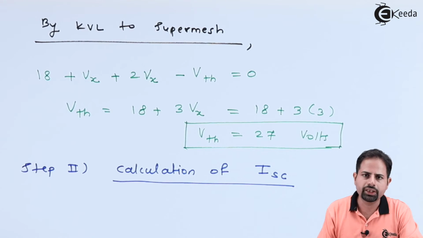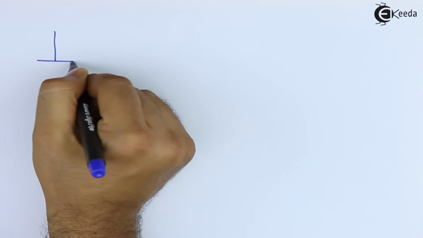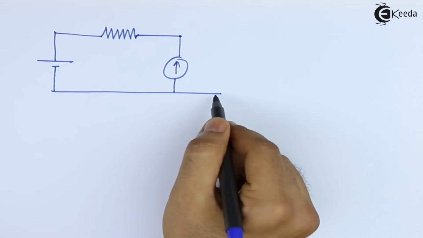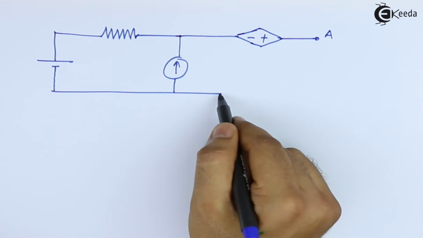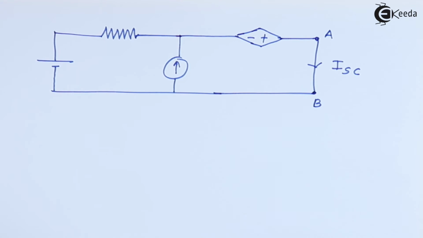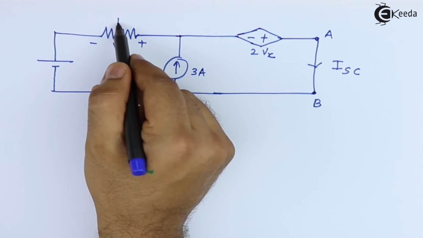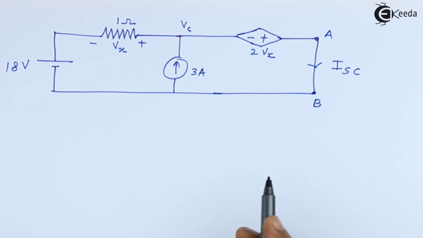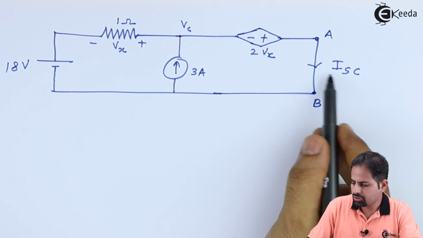So again, we'll redraw the circuit, the same circuit where this branch is shorted. So here we have drawn the circuit and we have to find I short circuit.